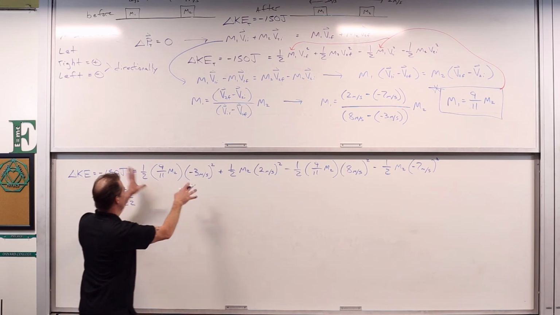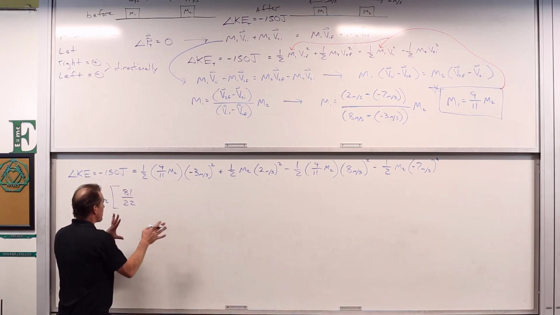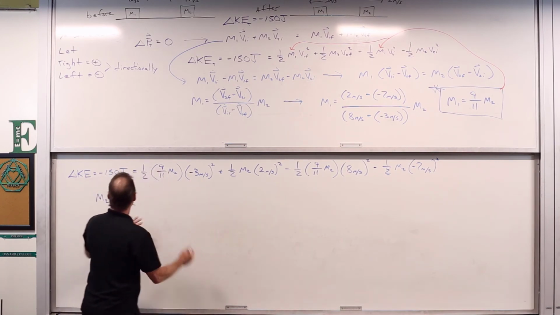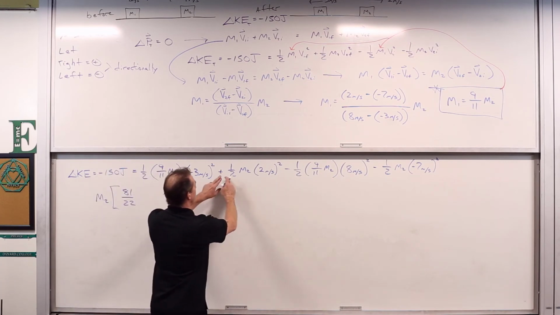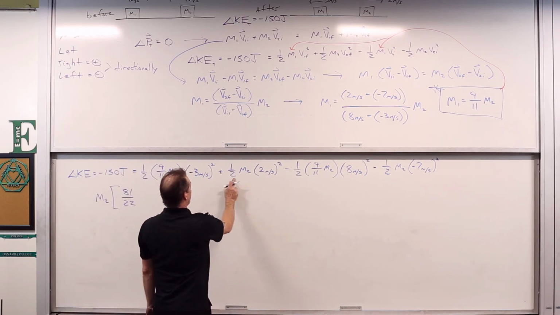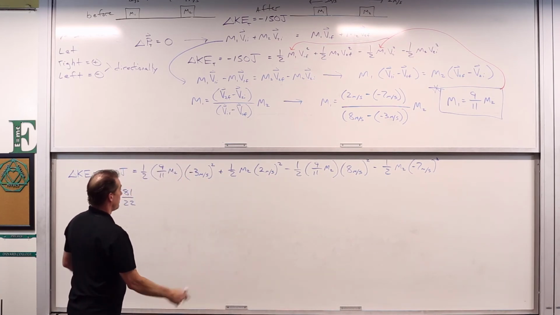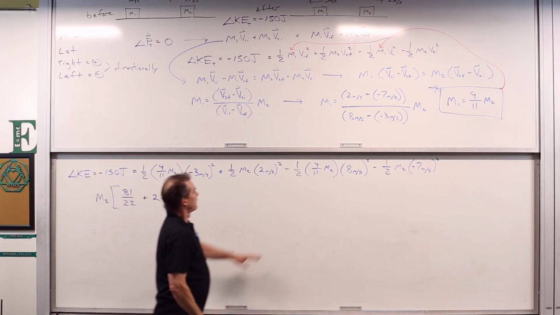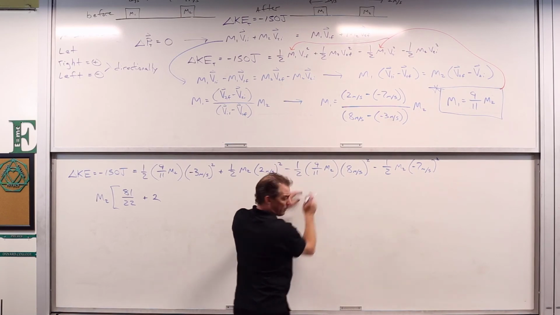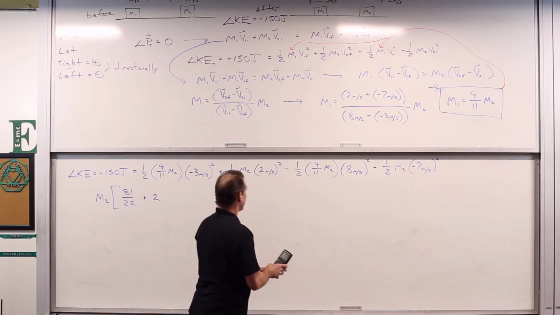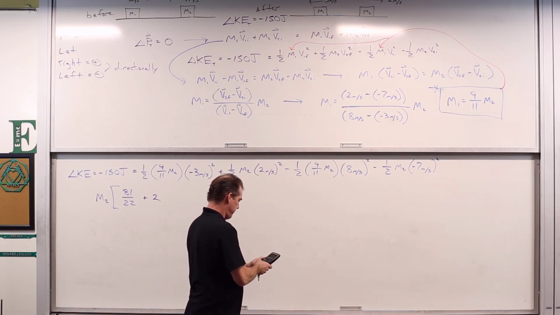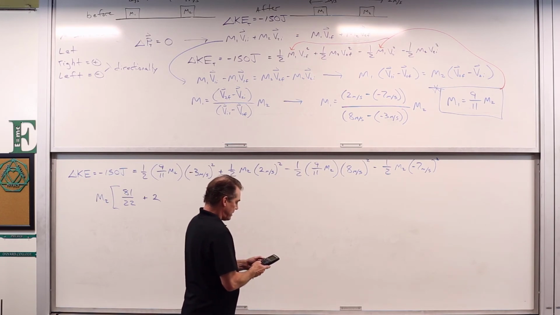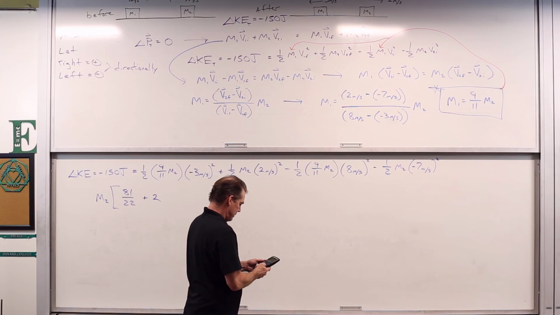I'm not going to worry about units. Let's start getting messy with all this. That's just going to be meters squared per second squared. That's fine. And then we've got this term here. We've got 4 divided by 2. That's just going to be 2. So plus 2. We've got this term here. We've got 8 squared. 64 times 9 divided by 22. 64 times 9, 576.